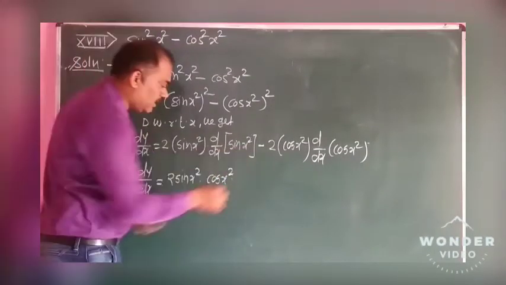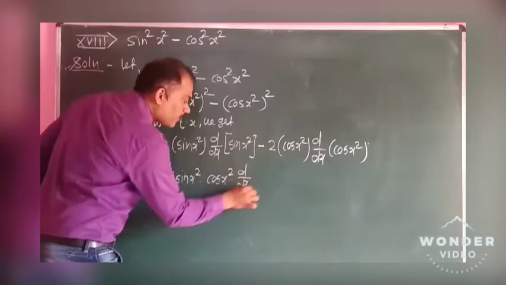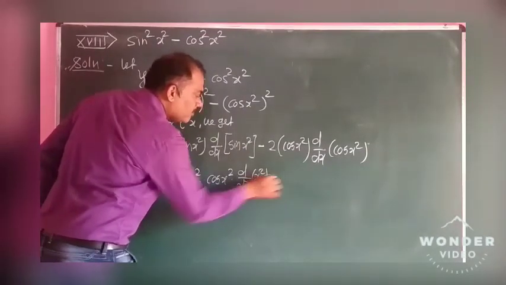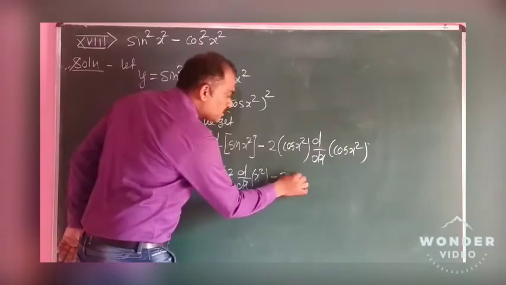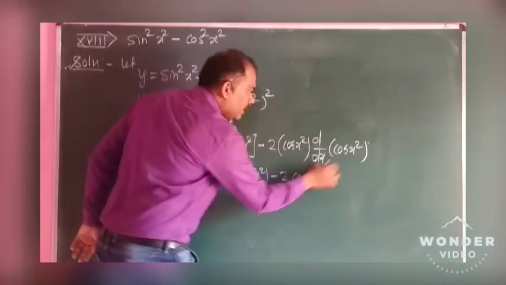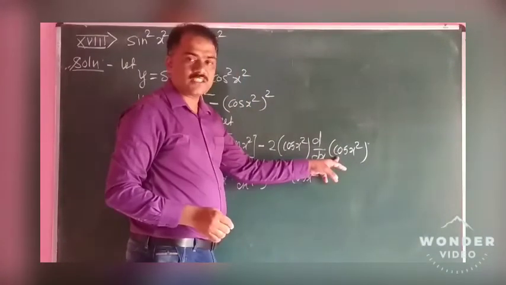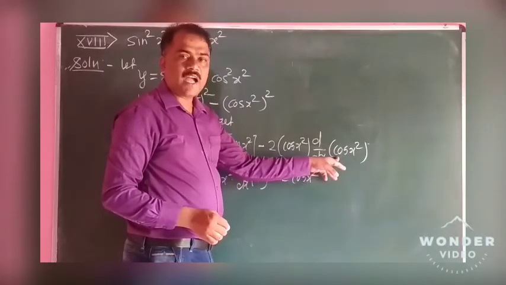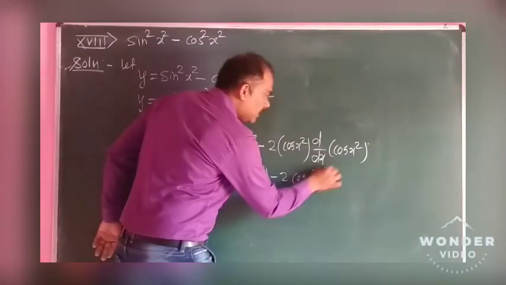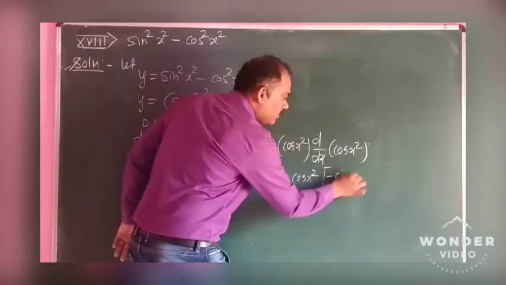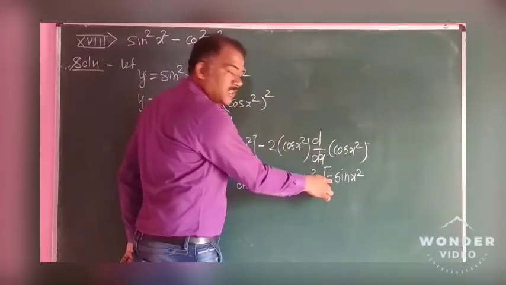That is x square into d dx of x square minus 2 times cos of x square into d dx of this cos x. What is the derivative of this cos x? Minus sin of x square. Derivative of cos is nothing but minus sin.